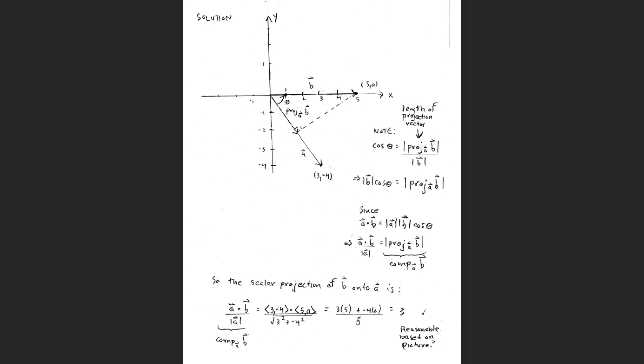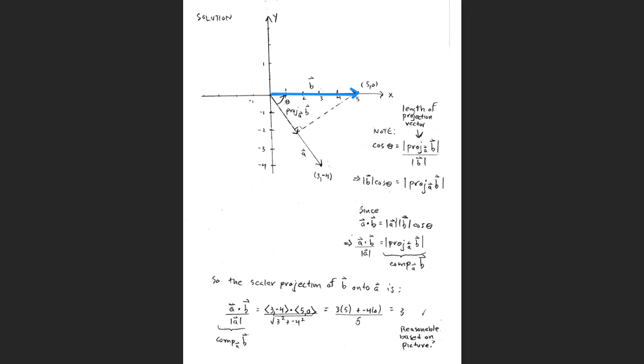All right, so here's this vector B. Okay, there's the vector B. And we want to project that onto the vector A. The vector A has components 3, -4.